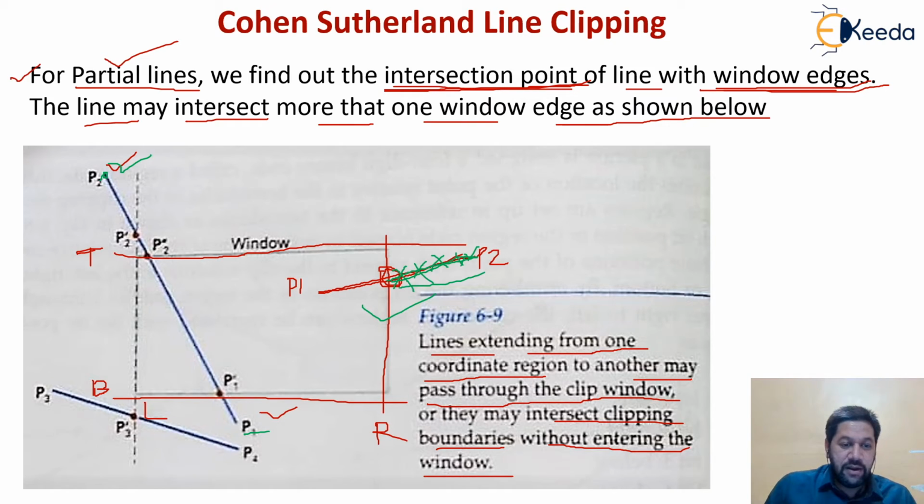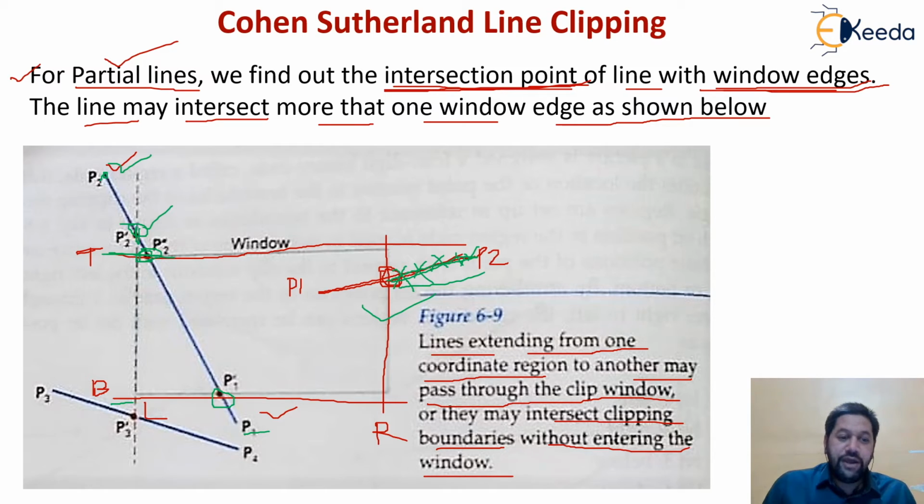This is the first intersection point of the line with the left edge. This is my second intersection point. This is my intersection point with the top edge, and this is my intersection point of the line with the bottom edge. Getting me? So this line intersects three edges of the window.